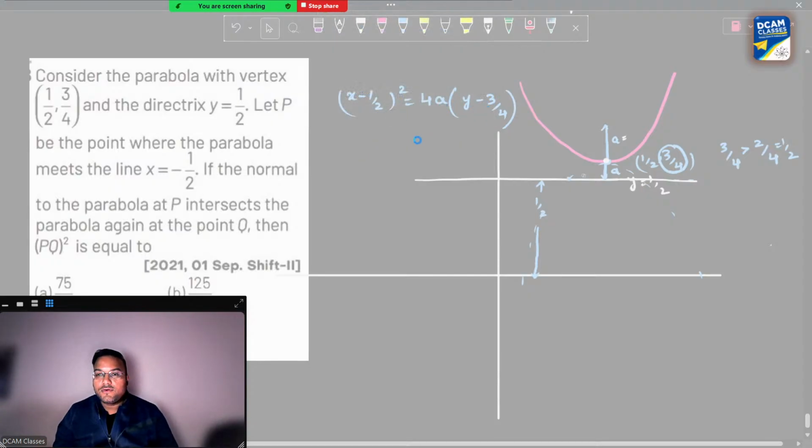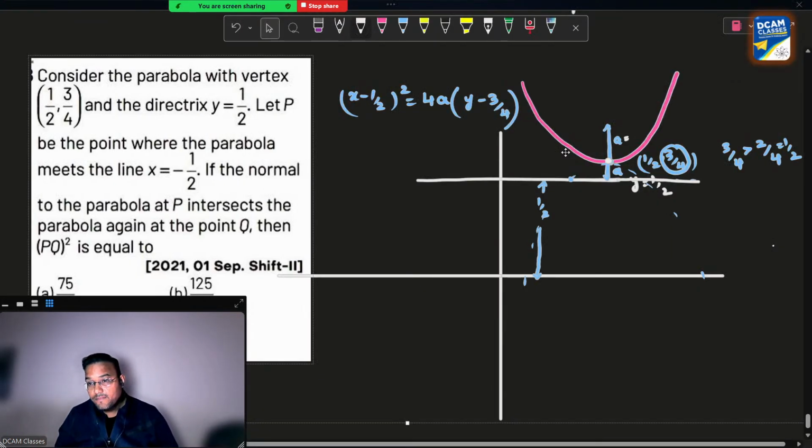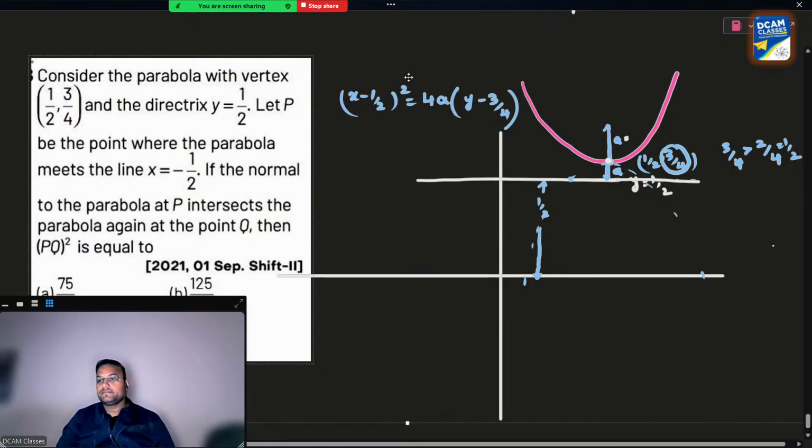Actually, this OneNote wants me to change the page. That's why it is hanging like this. Got my point? Yes, sir. The value of a is 3 by 4 minus half. Okay, let me change the page actually.